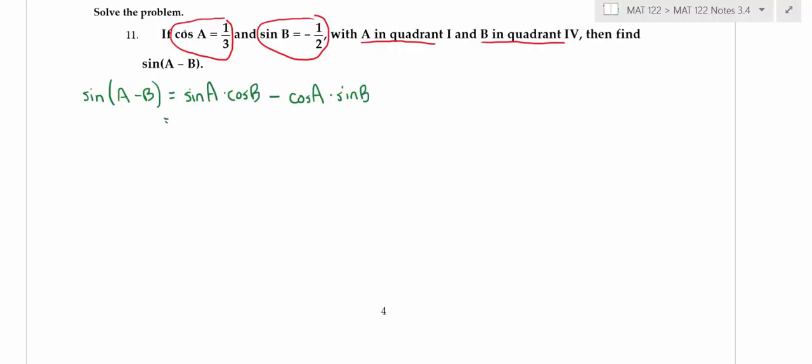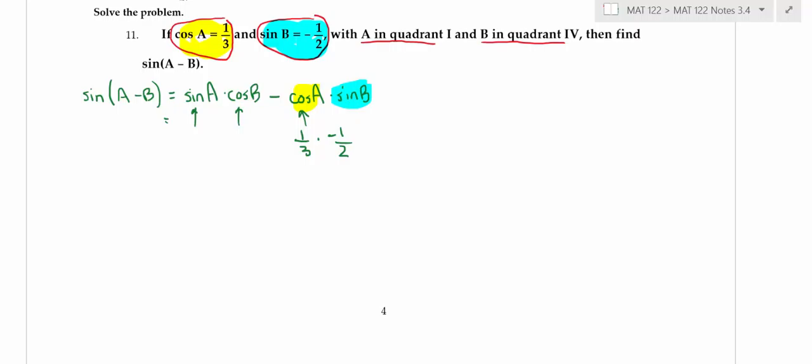We've been given the cosine of A, and we've also been given the sine of B. So those two are already given in the problem. Cosine A gets replaced with 1/3, and sine B gets replaced with negative 1/2. So the problem is you've got to figure out what the sine of A is and the cosine of B is. These are the two things you must figure out to solve the problem.